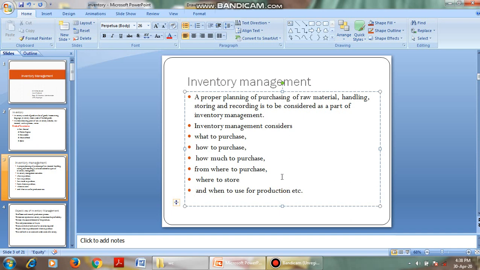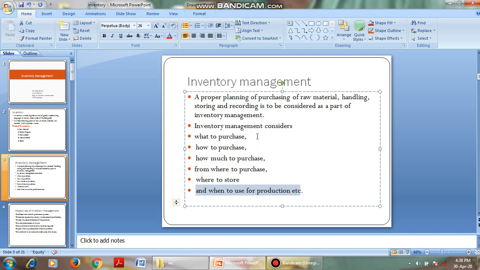These all come under inventory management. So inventory management consists of what to purchase, how to purchase, how much to purchase, from where to purchase, where to store them, and when to use for production.